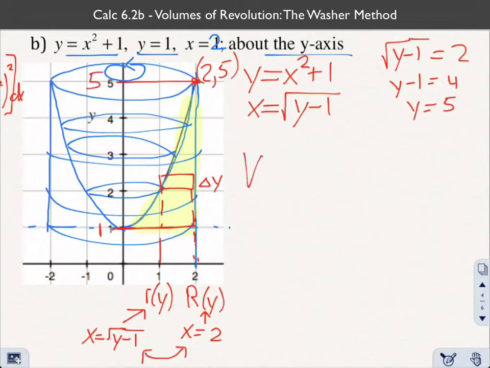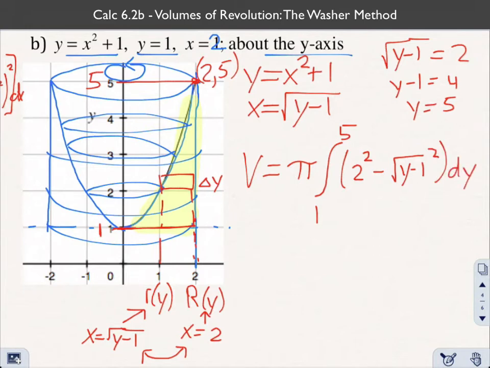Our volume is going to be pi times the integral from 1 to 5 of our outside function, or the capital R, which is going to be 2 squared, minus the inside function, or the lowercase r of y, which is the square root of y minus 1, squared, with respect to y.